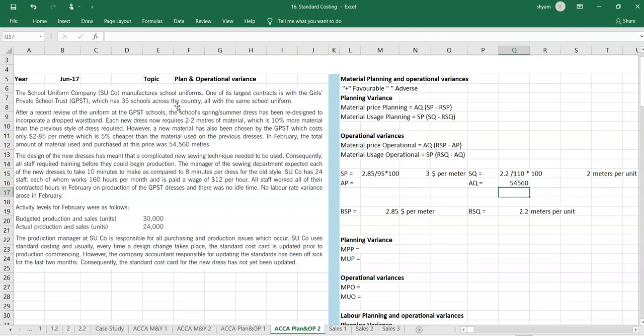We got as much information as possible. So let's see what has happened. It is the AQ in meters we got. What is the price per meter? The actual price per meter, we don't have that.